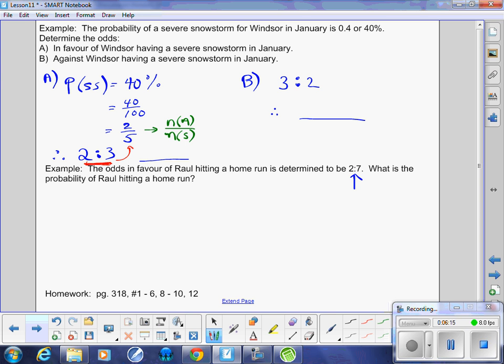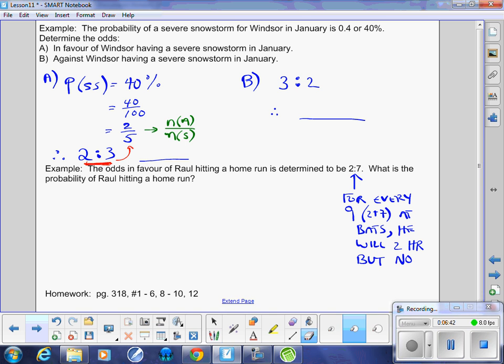For every 9 at-bats, that's 2 plus 7 at-bats, he will hit 2 home runs, but will not hit a home run 7 times.